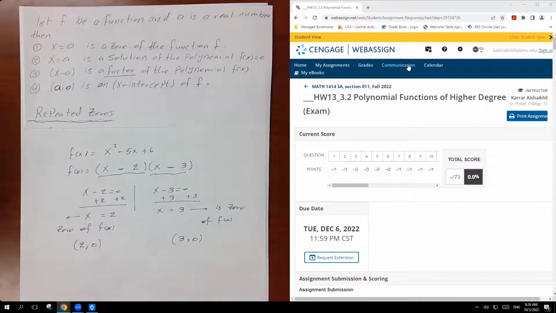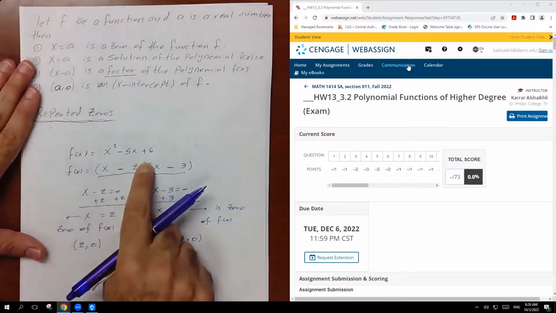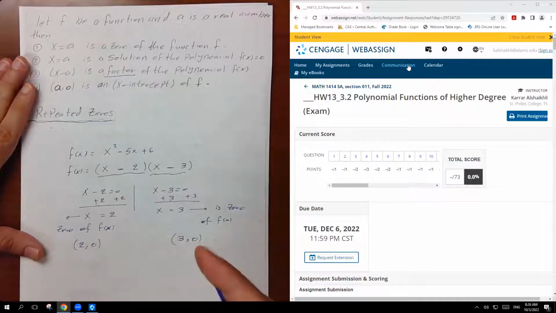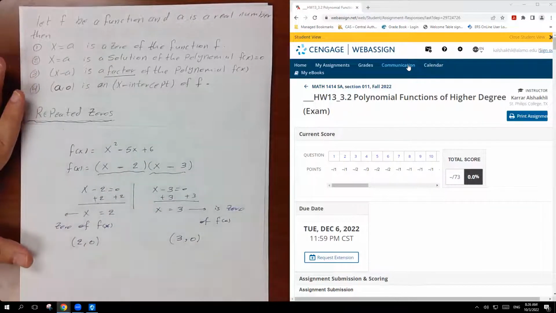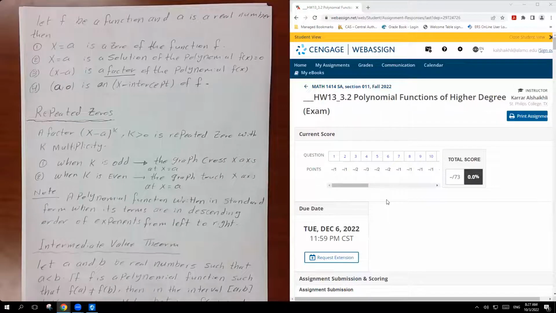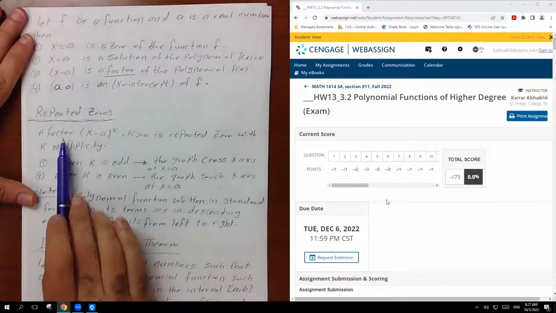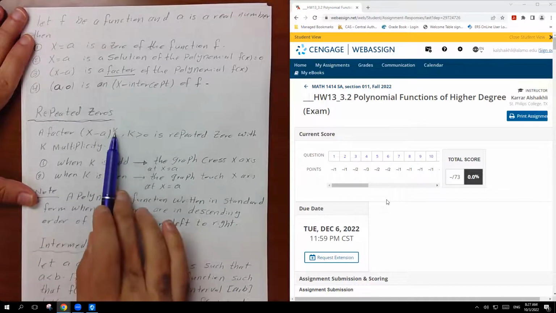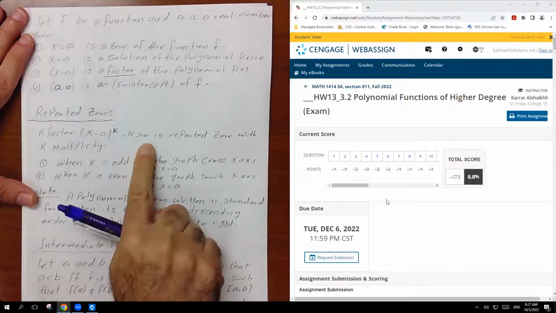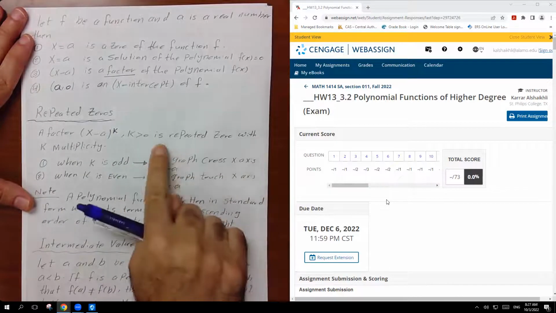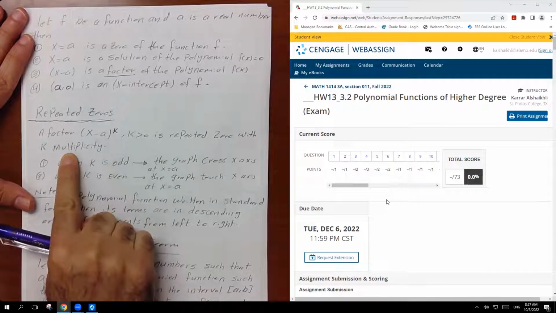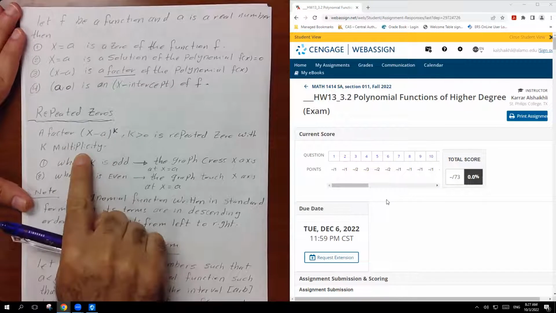Repeated 0: when you have parentheses with exponents, this is called a repeated 0. So let's check the rule for this one. A factor, you see these parentheses with exponents, and k is greater than 0, that means a positive number, is a repeated 0 with k multiplicity.